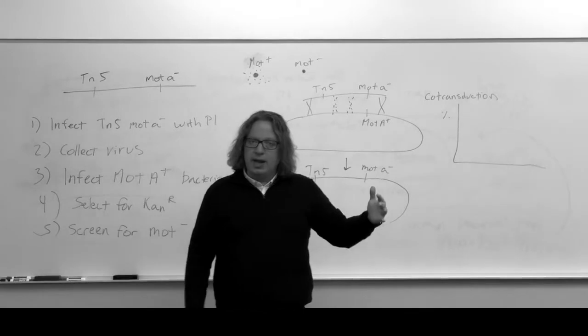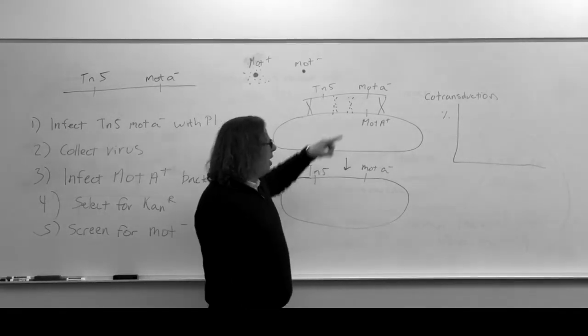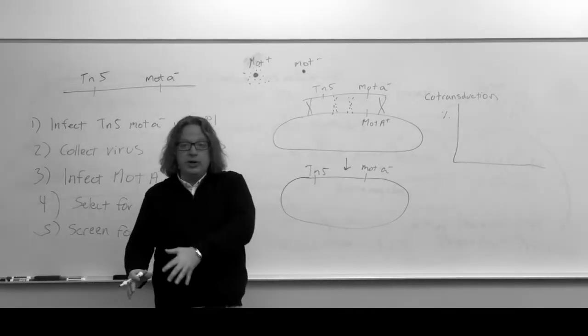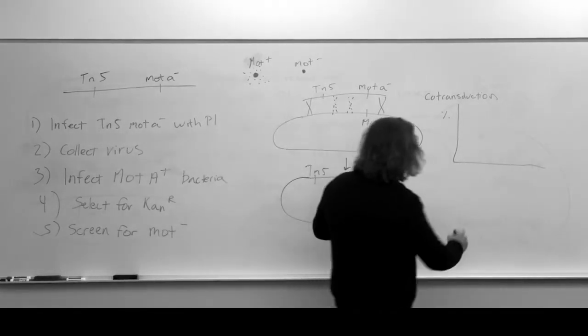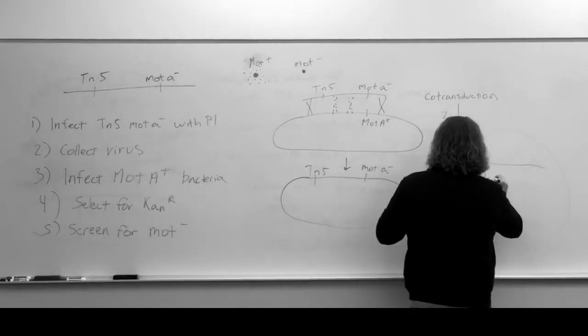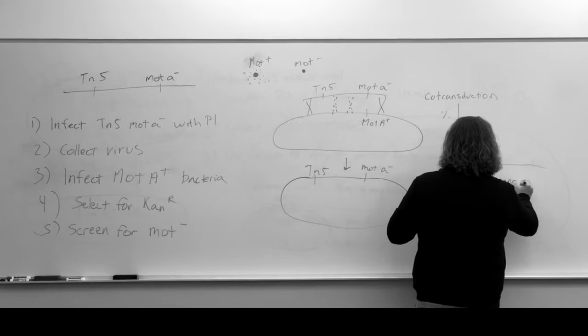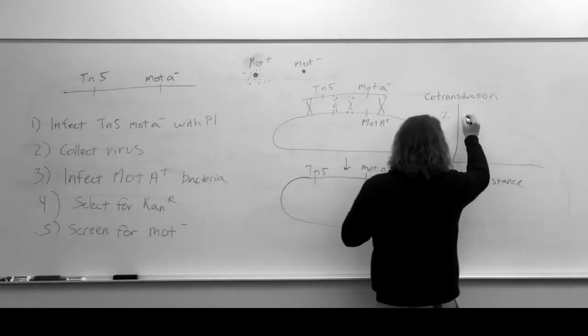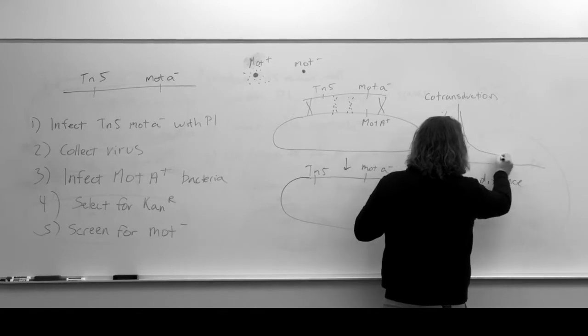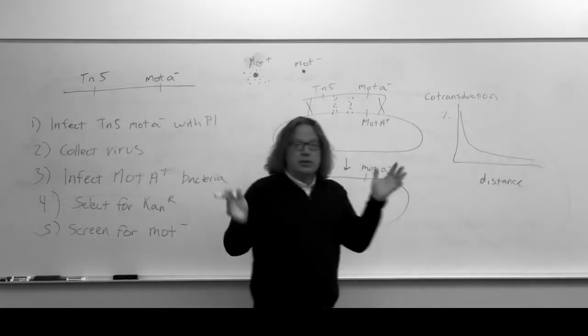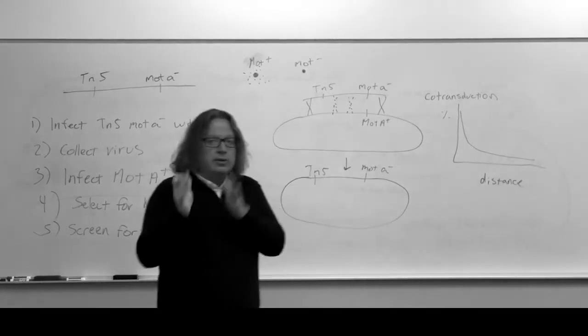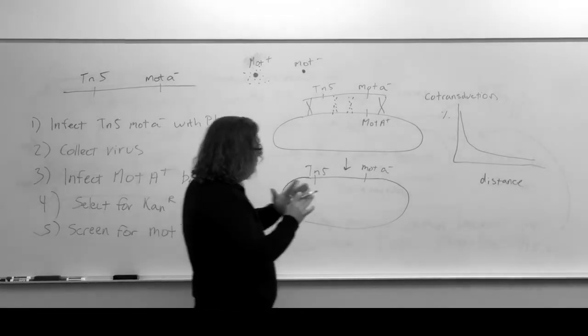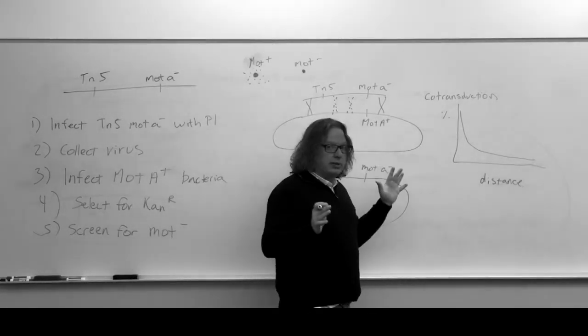What percent of time are TN5 and MOT-A minus moved together into a target cell as a function of distance, where the percent co-transduction is inversely correlated with distance. So the closer they are together, the more co-transduction you have. The further they are apart, the less co-transduction you have.